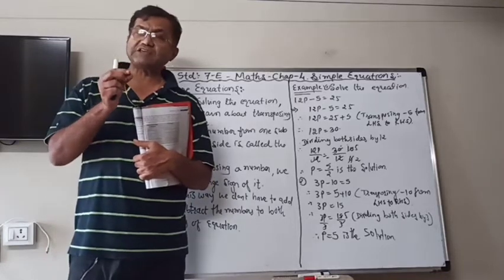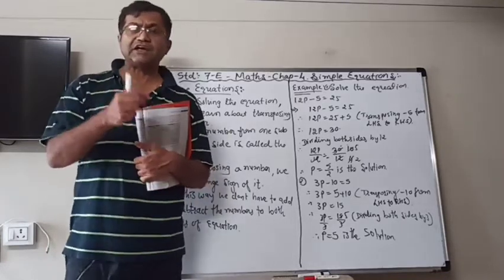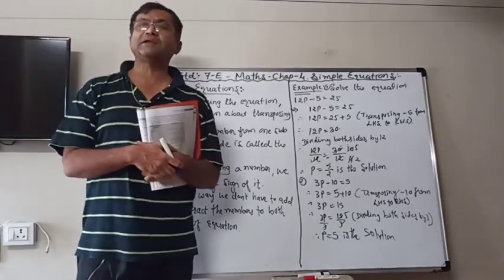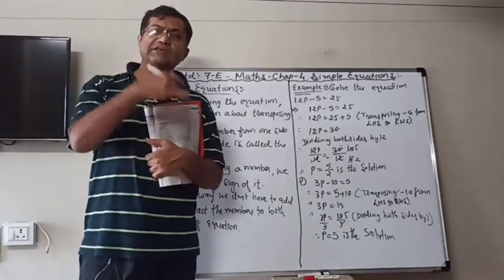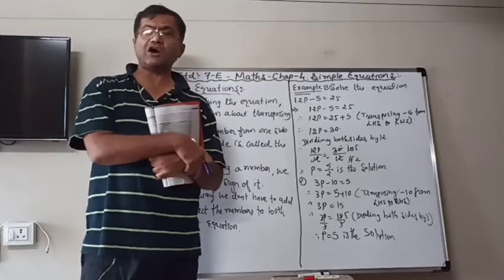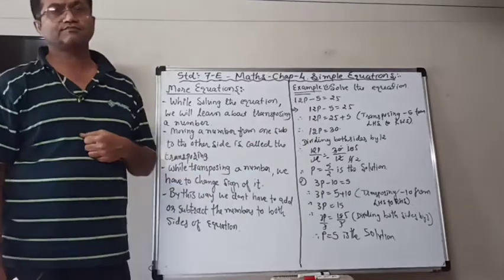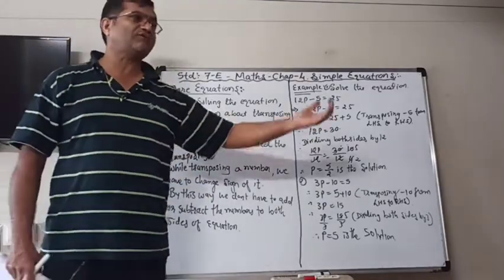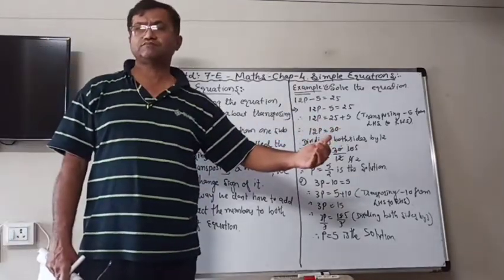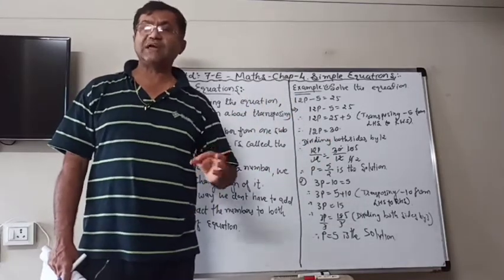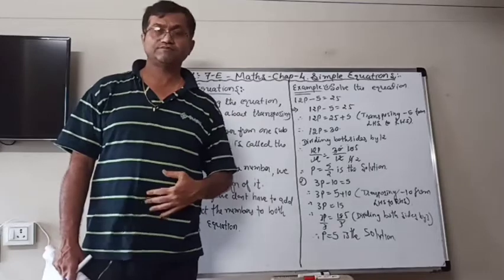So what is transposing? Transposing means changing the side of the number, either from LHS to RHS or from RHS to LHS. So when we change the side of a number from one side to the other side, that is known as transposing.